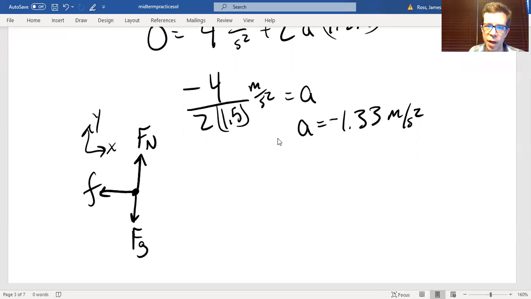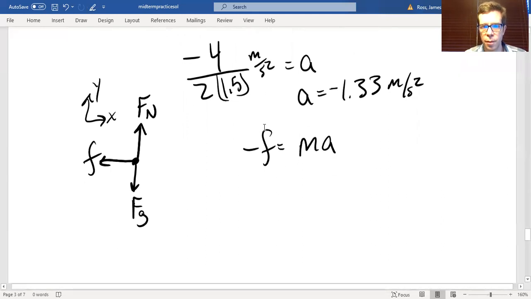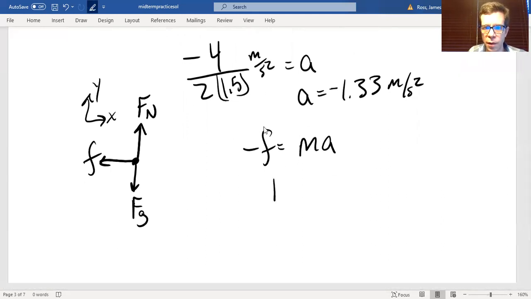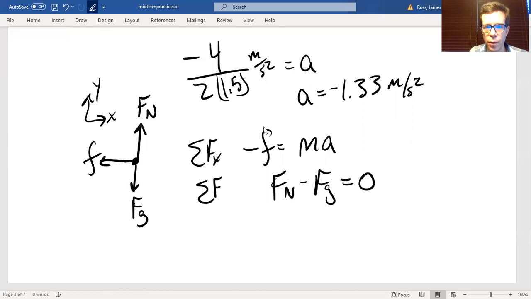And we start out moving in the positive x direction the way I'm drawing. All right, so this just tells us that minus friction equals ma. And it tells us that normal force minus gravity equals 0. Right, that's our sum of forces in the x, sum of forces in the y.